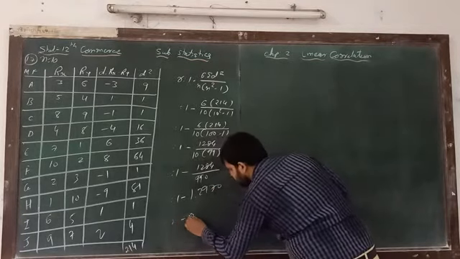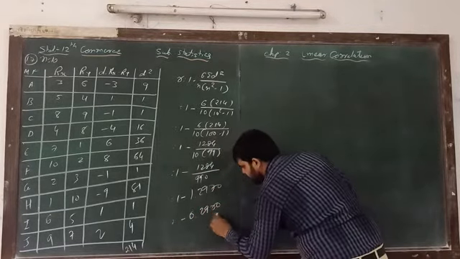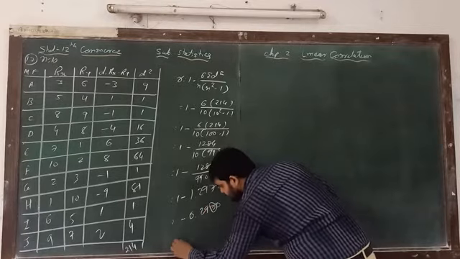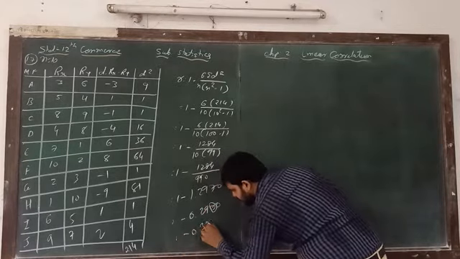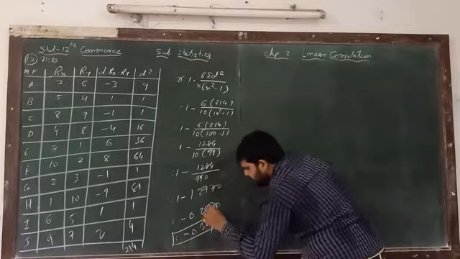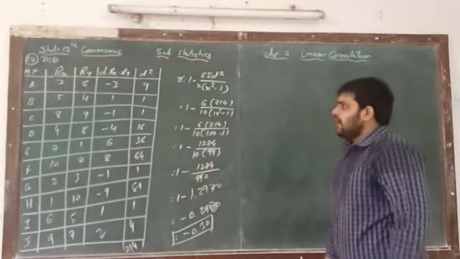So 1 minus 1.2970 is minus 0.2970, so minus 0.30. So this is the answer of R.